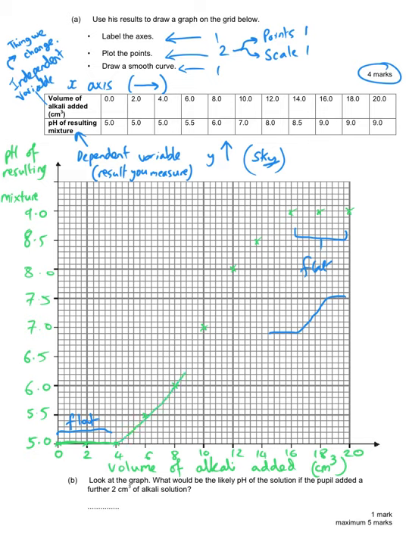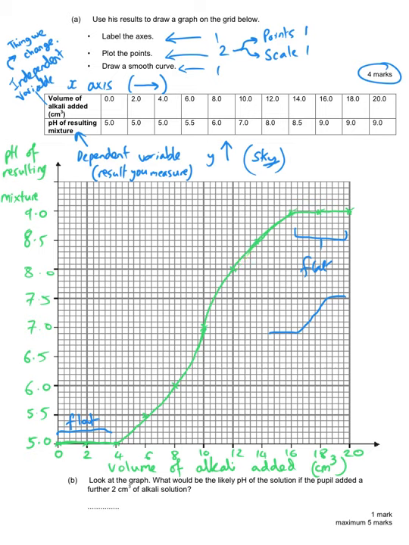Now, the curve gets steeper and steeper, so try not to stop and start too many times, because if you get sort of what's called a feathered line of best fit, then that will cost you. So the line that I've drawn here is good. I have actually missed a bit of my line here, so I've kind of moved away from it. This one that I've done again is a bit better. I like that one more.